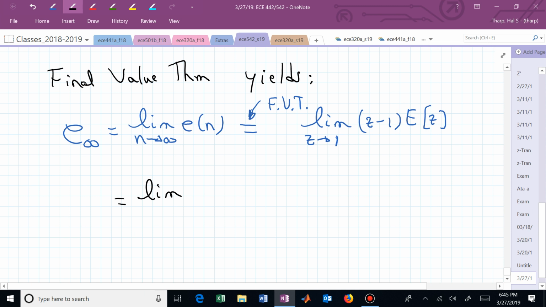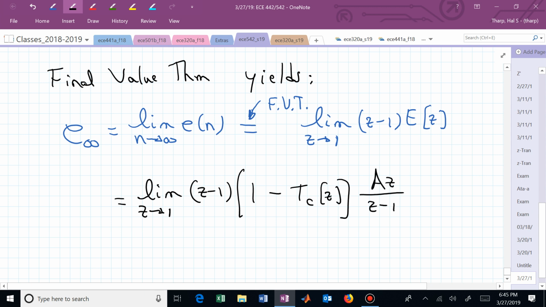E of Z was 1 minus T sub C of Z times R of Z, which was AZ over Z minus 1. These two cancel.